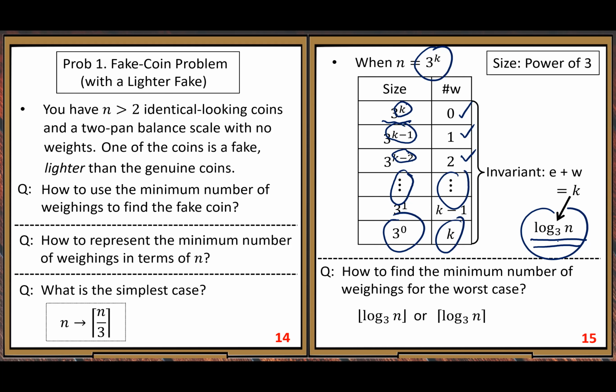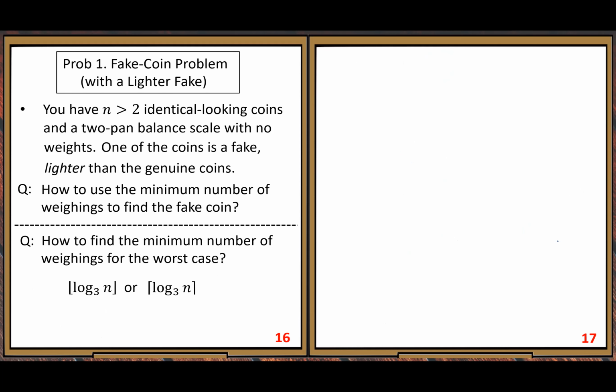Well, we're trying for the worst case, right? Then wouldn't we use the ceiling function? Yes. Worst case, round it up. Ceiling function. Okay, let's look at the final solution in this way.